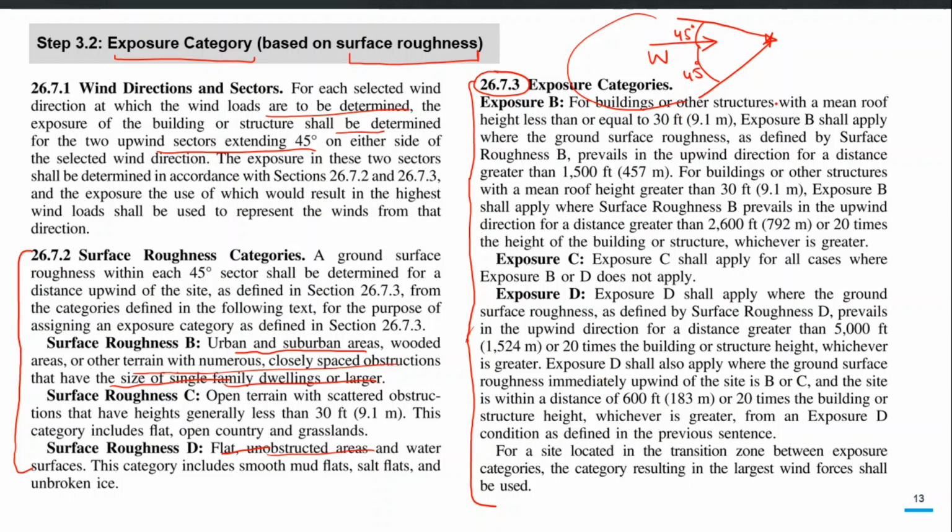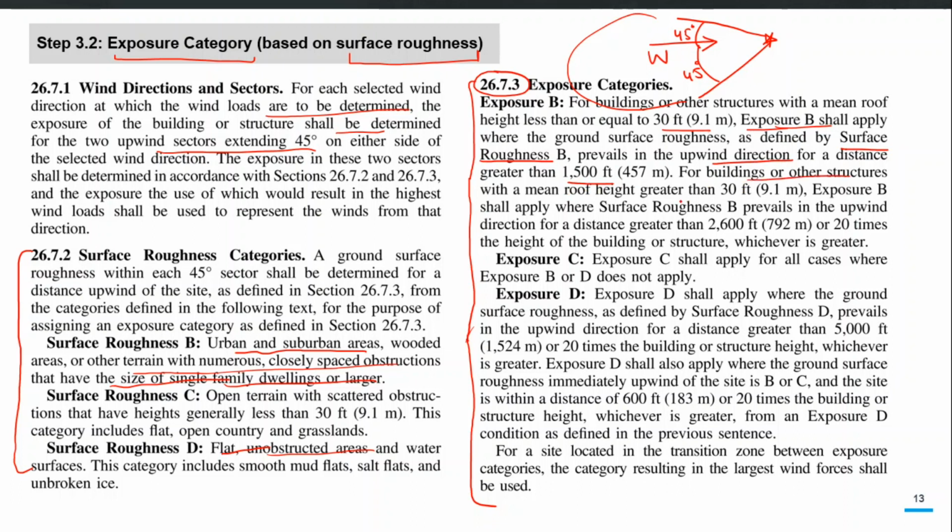For buildings or other structures with a mean roof height less than or equal to 30 feet, exposure B will be applicable if the surface roughness is also B in the upwind direction for a distance greater than 1500 feet.